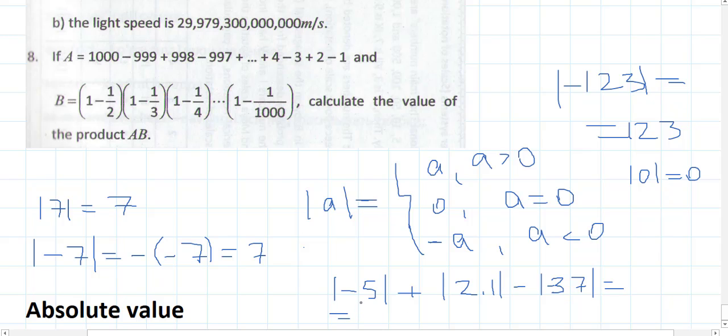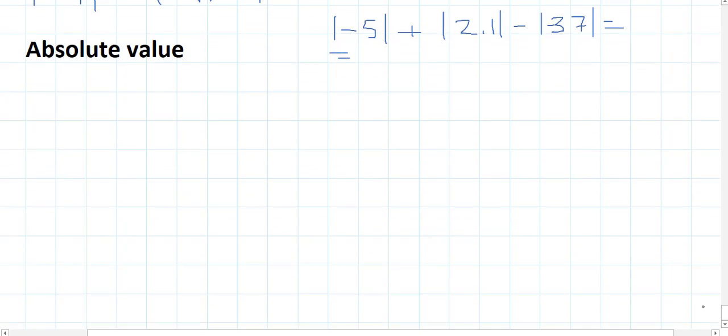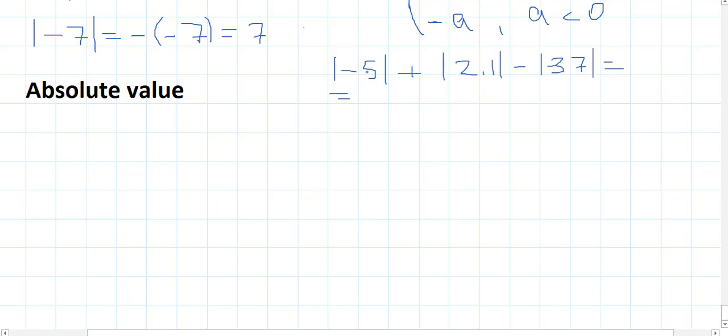We have the absolute value of minus 5, it is just 5, and the absolute value of 2.1, it is 2.1, and the absolute value of minus 37, it is 37. So it will be minus 37 because in the middle we have minus 1. So we can calculate these and find the answer.